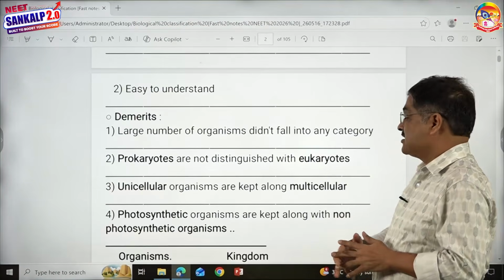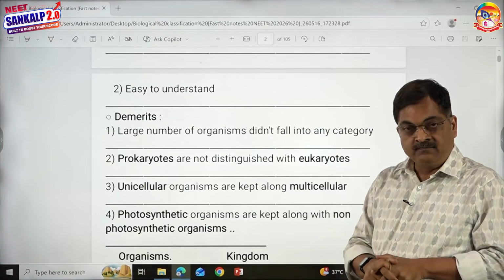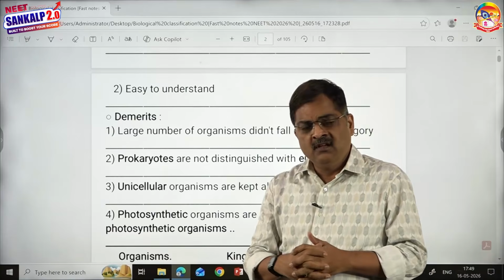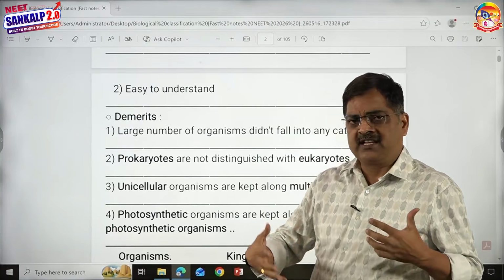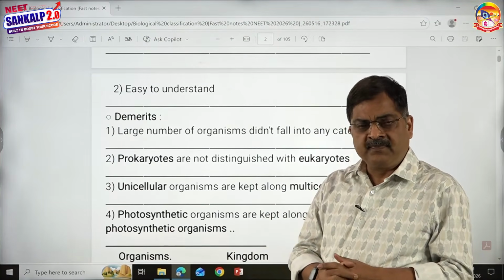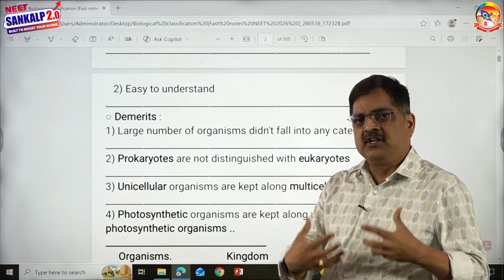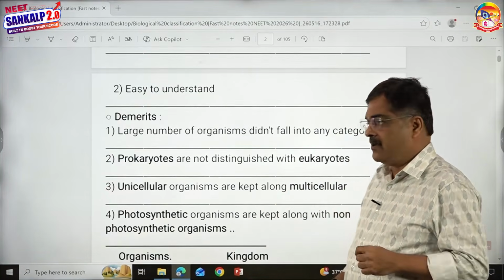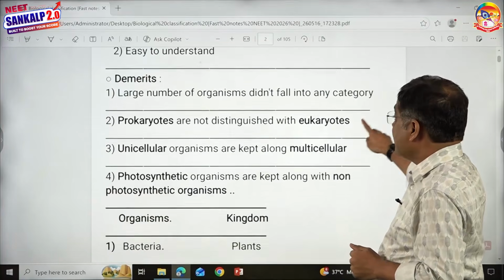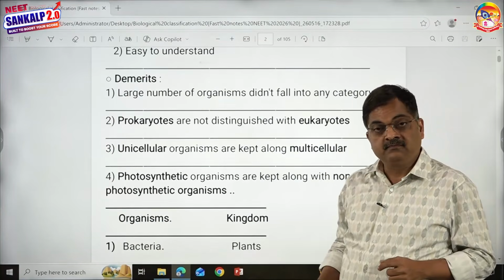A large number of organisms did not fall into any category. Euglena, Linnaeus did not keep in any kingdom because it has both plant and animal characters. Slime moulds, he did not keep in any kingdom. So the majority of organisms not falling in any kingdom is one demerit. Prokaryotes are not distinguished from eukaryotes.